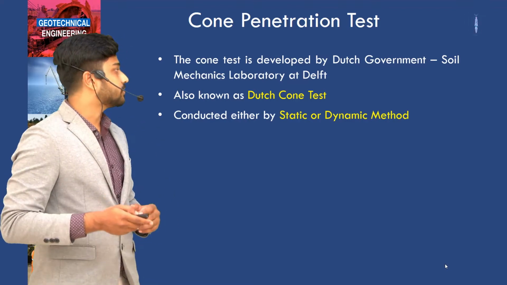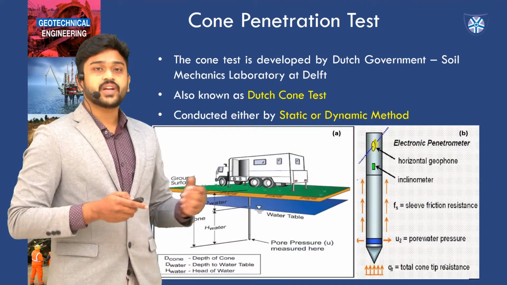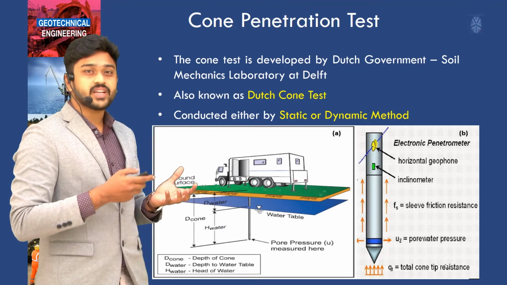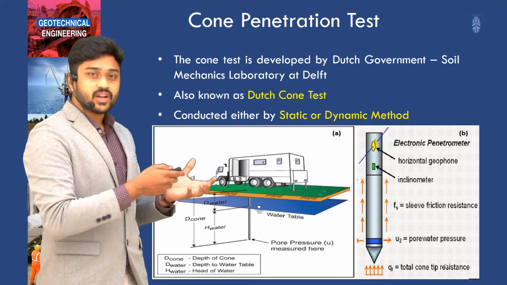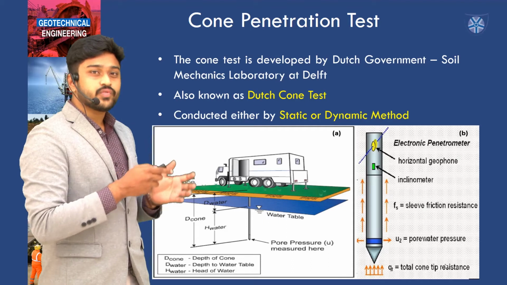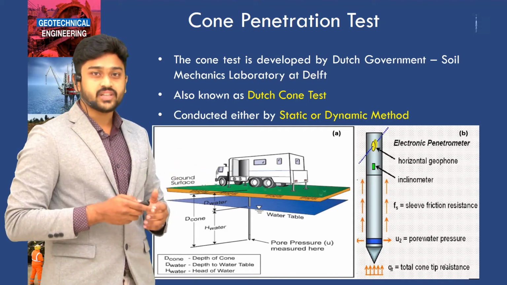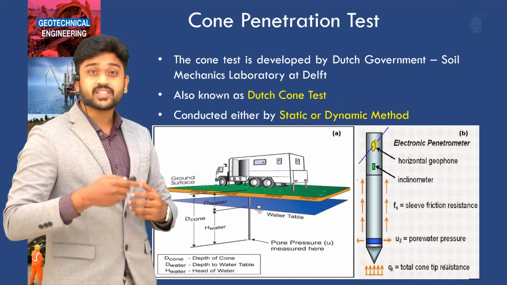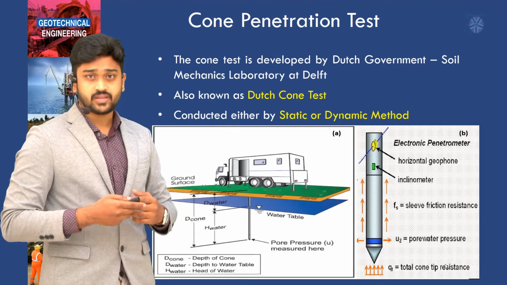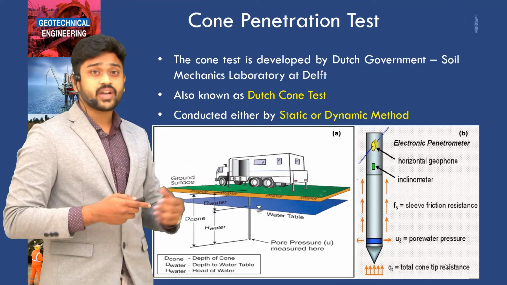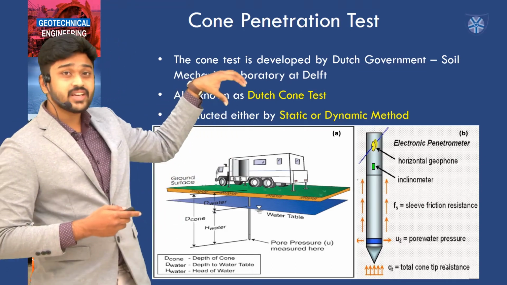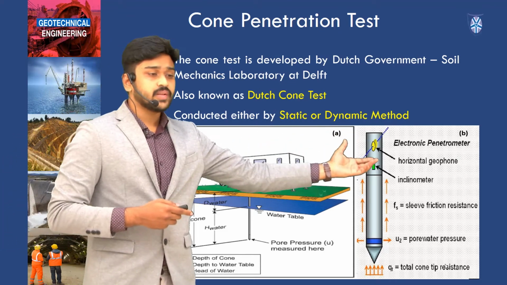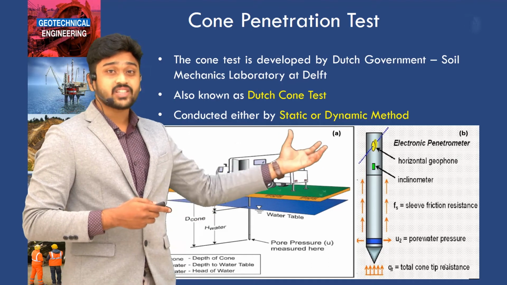Clear? Now, if you look at this diagram, to the left hand side, the entire equipment setup is generally carried out in a truck sort of arrangement. We move this truck to the required site location and penetrate the penetrometer, and we perform it either as a static or as a dynamic case. At the other end, when we insert the penetration, the electropenetrometer is present here.